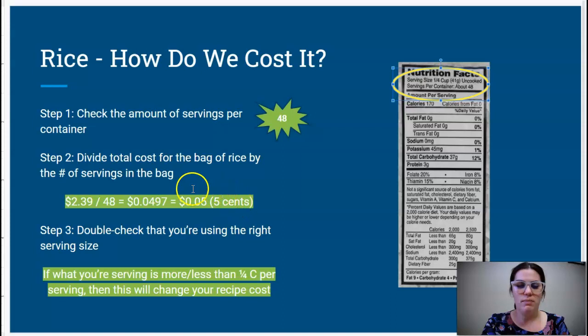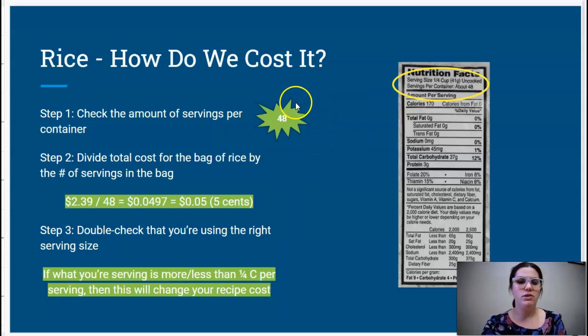So this number, this 5 cents that we get from dividing $2.39 by 48, we get 0.0497, and I've rounded that to 0.05. And just to be clear, that's 5 cents, not 50 cents. So this 5 cents is the cost for 1/4 cup of uncooked rice, okay? So this is the cost for the serving, okay?